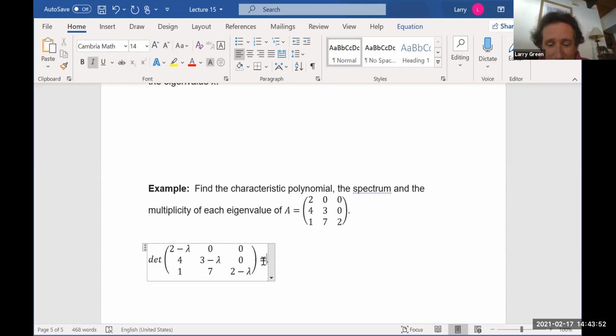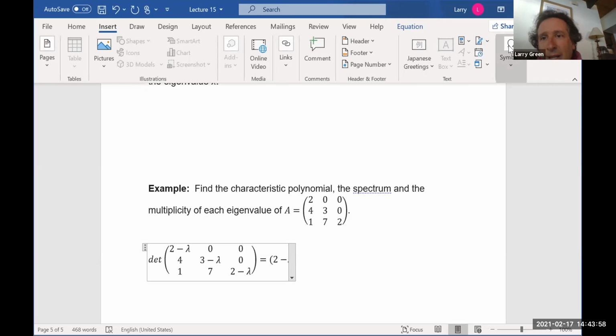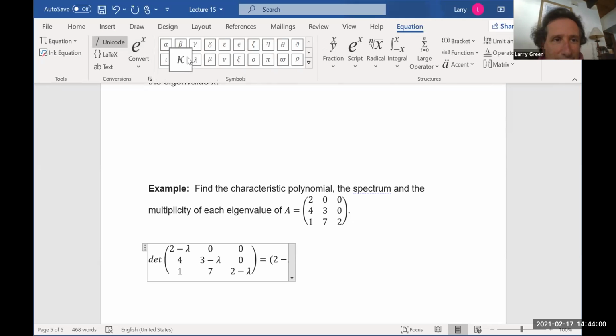So the determinant is just going to be 2 minus lambda times 3 minus lambda times 2 minus lambda. That's your determinant. Do you agree?